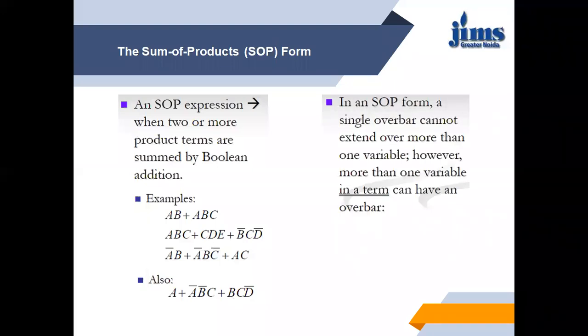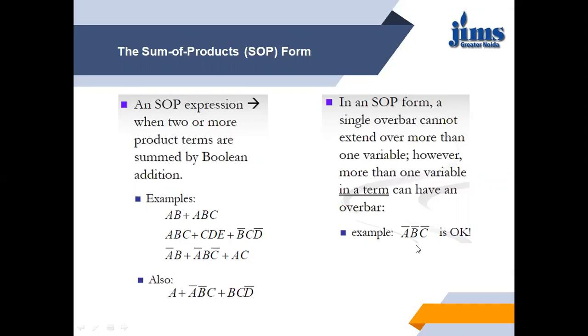In an SOP form, a single overbar cannot extend over more than one variable. However, more than one variable in a term can have an overbar, and that can be understood by this. So we have here A bar, B bar, C bar.